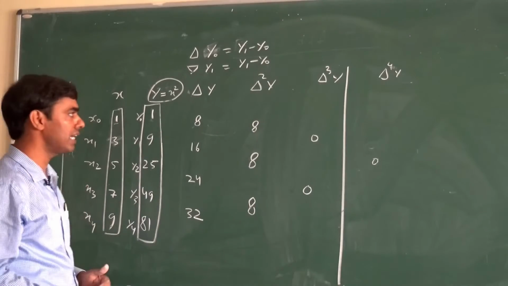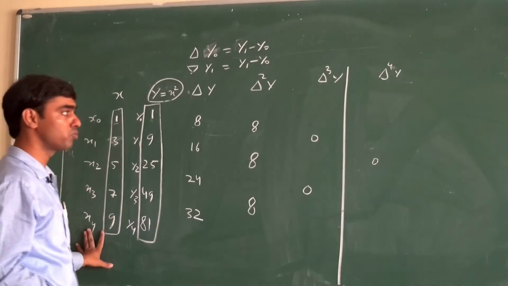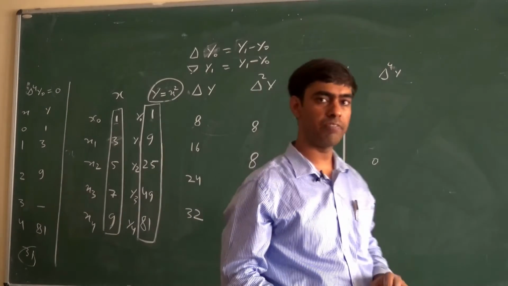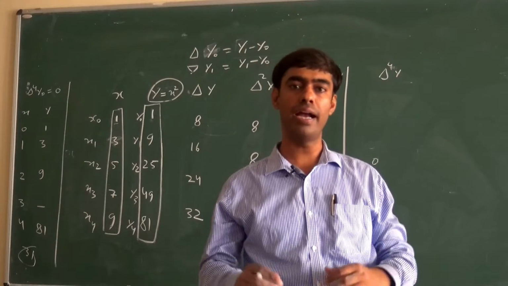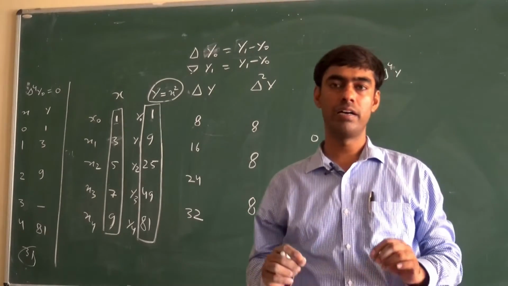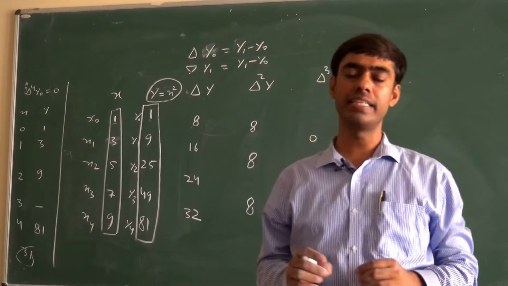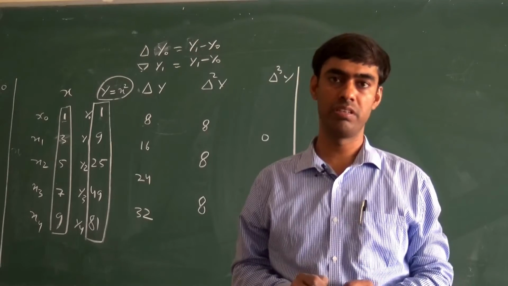Similarly, if we generalize this, if there are n plus 1 terms, then the maximum order of forward difference that we are able to obtain is the nth order difference, and using the property of this difference table, we are able to fit an nth degree polynomial if we have n plus 1 known values.